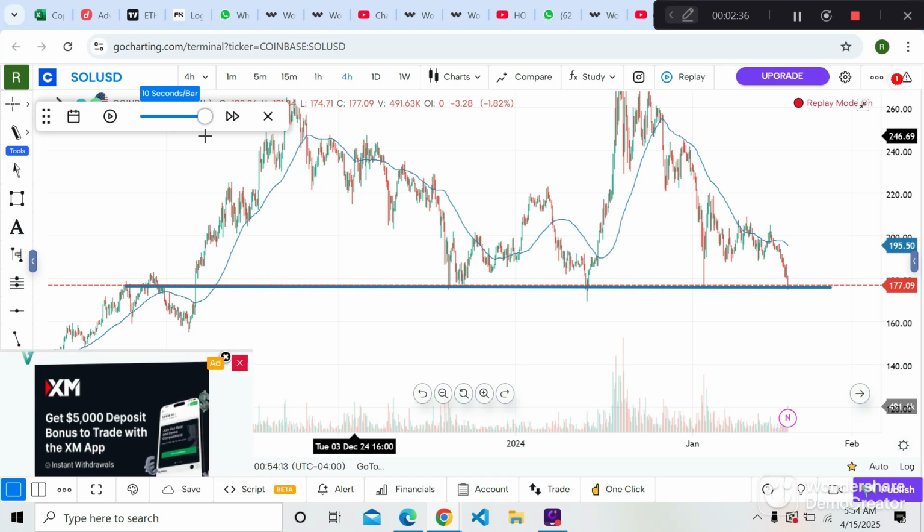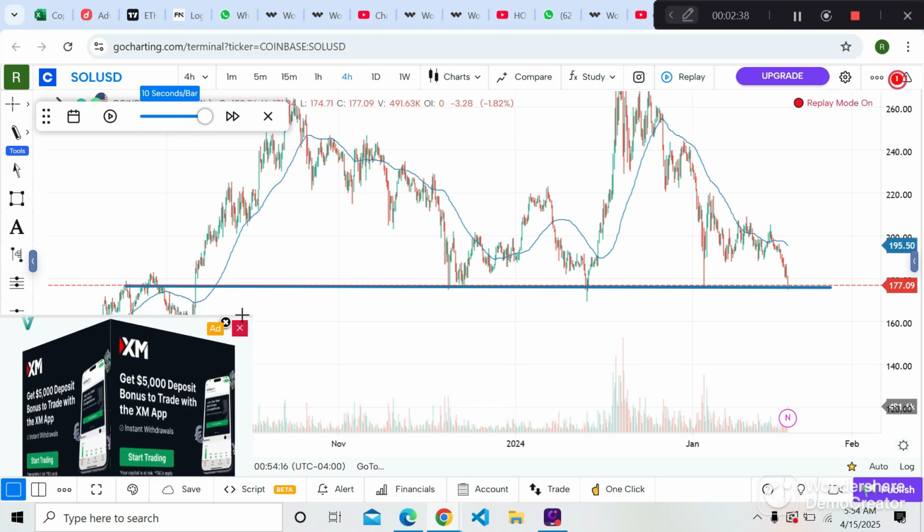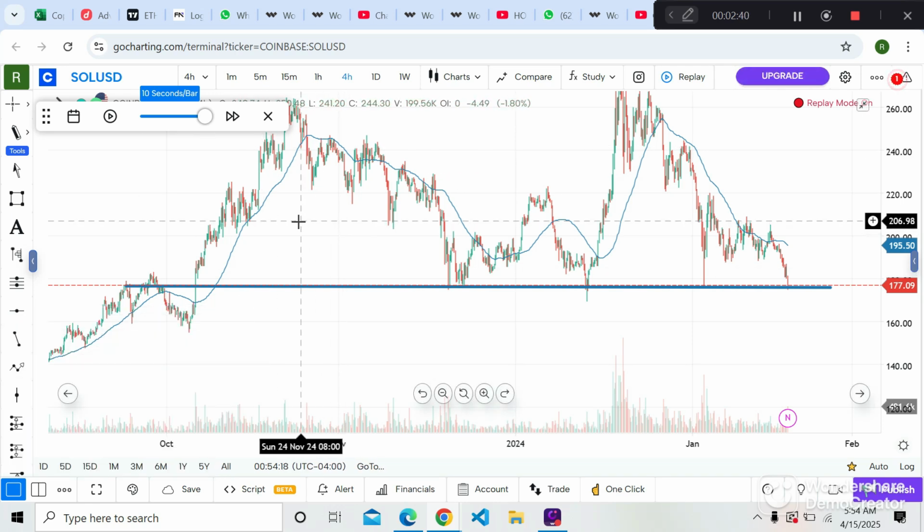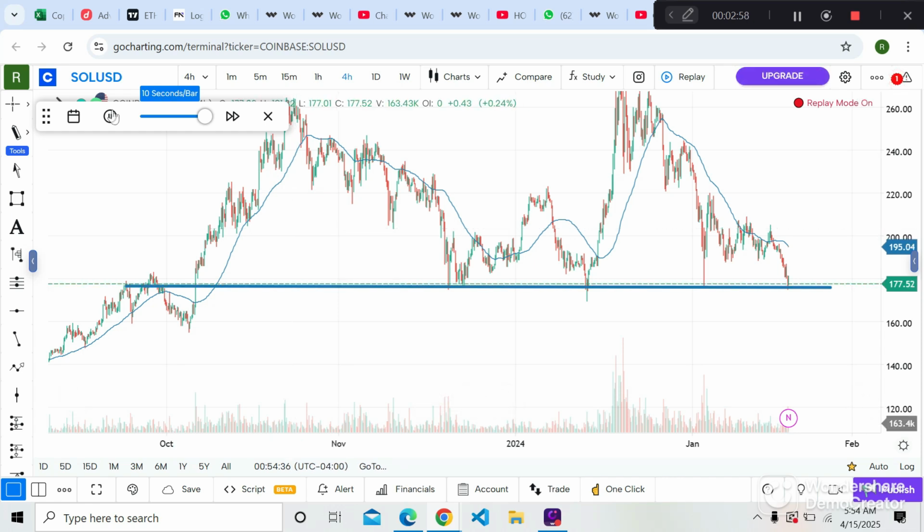Now we are going to backtest this. I'm using a website that actually allows you to backtest, which is Go Charting, and it's free. So you can always go to this website and backtest your stuff. Click on replay now.